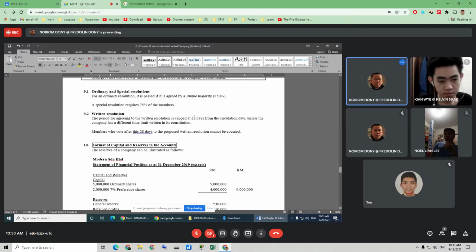Only votes made before or on 28 days will be counted. Unless the Constitution says 30 days or 31 days, then we follow what is written in the Constitution. But if none is written, they have to use the general 28 days from the Companies Act.